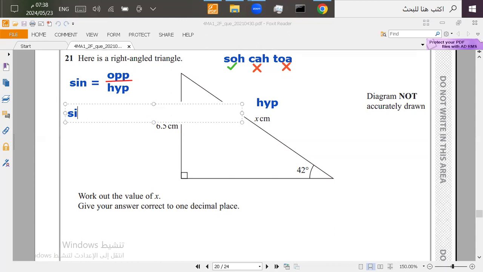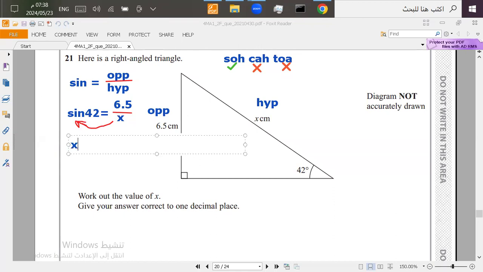So sine of 42 equals the opposite, which is 6.5, divided by the hypotenuse, which is the x that we don't know. Now we're going to take the x to the side by multiplying. As I said, these follow the algebraic movements. This one is divided, so we take it to the other side by multiplying.